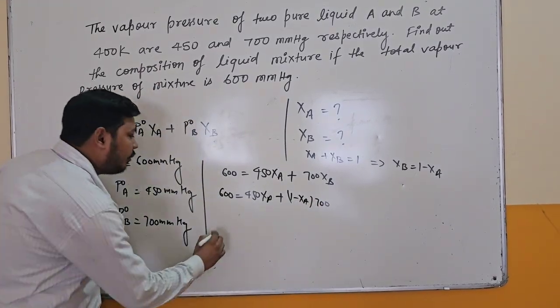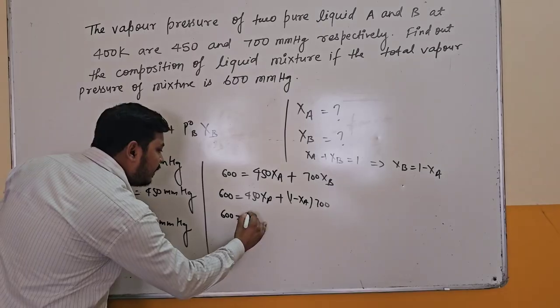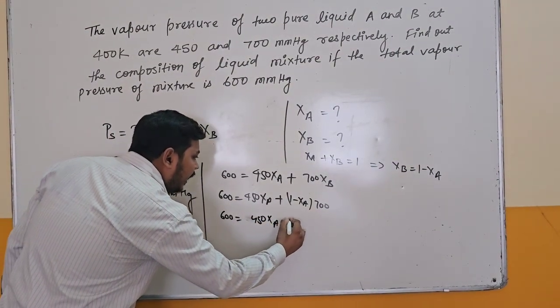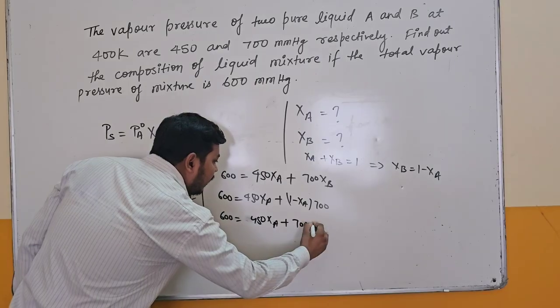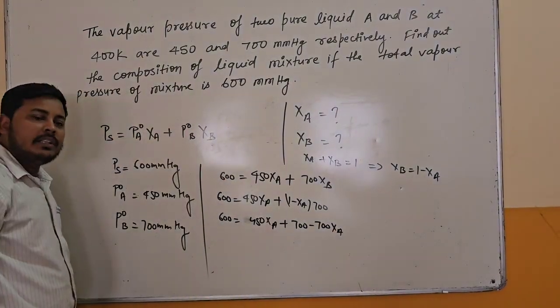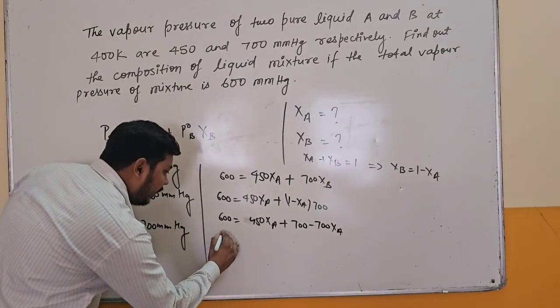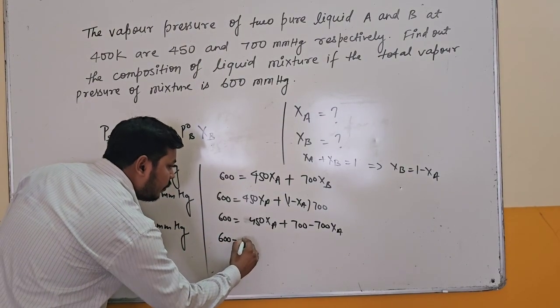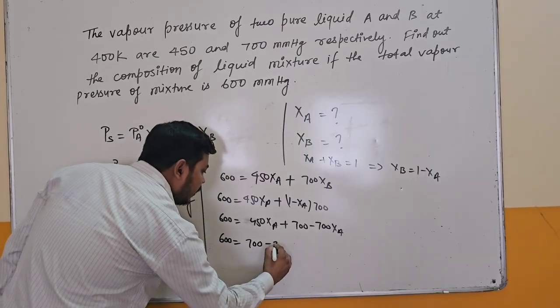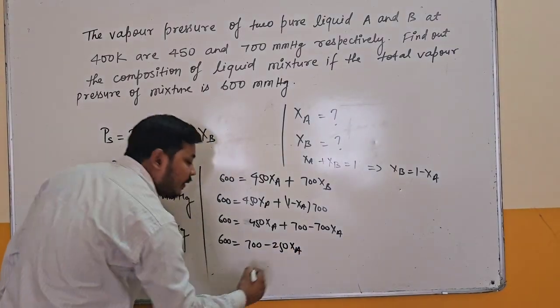Simply solving, 600 is equal to 450 XA plus 700 minus 700 XA. Then 600 is equal to 700 minus 250 XA.